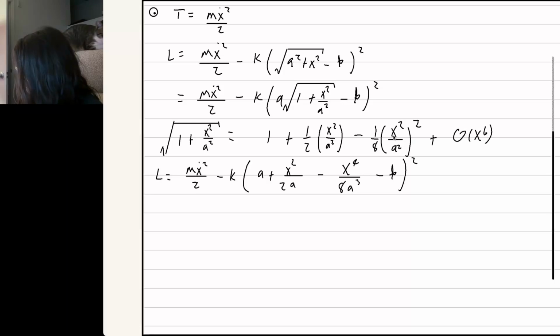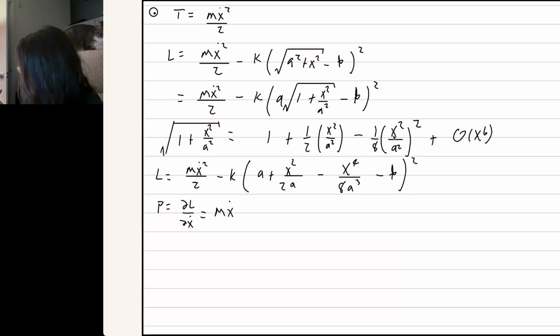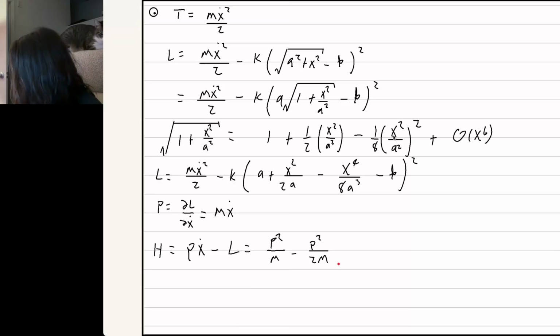Cool. From here, let's just go ahead and get that Hamiltonian going. So p is del L over del x dot, which is just m x dot. So the Hamiltonian will read p x dot minus L, which is going to be p squared over m minus p squared over 2m plus that polynomial that we just found.